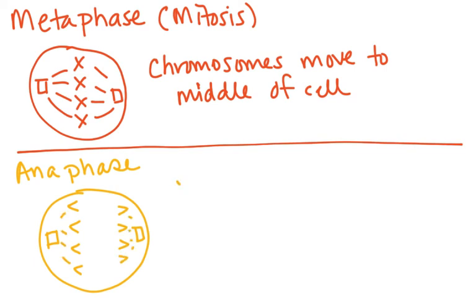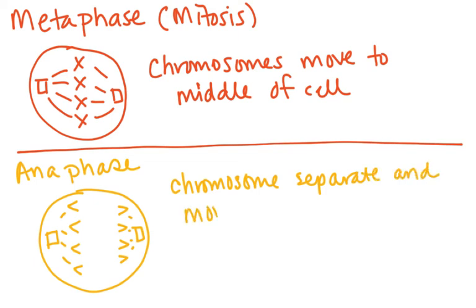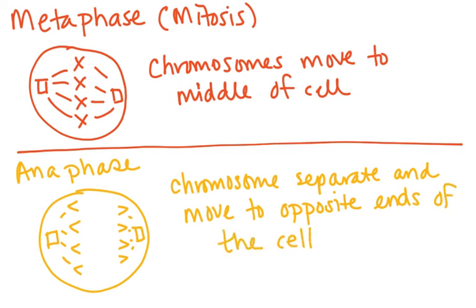So in anaphase, the chromosomes separate and move to opposite ends of the cell. And then we have telophase.